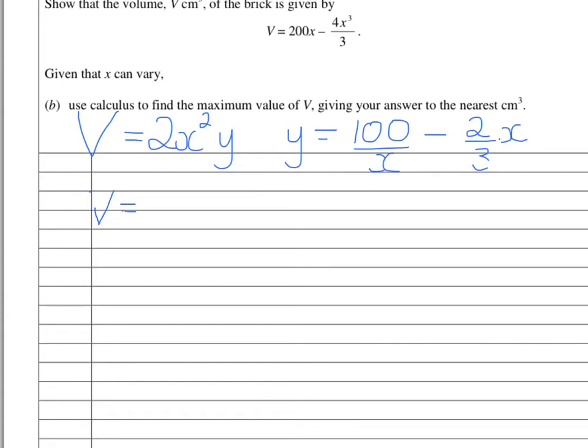V equals 2x squared. I'm replacing y with 100 over x, that's what that says, minus 2x over 3.